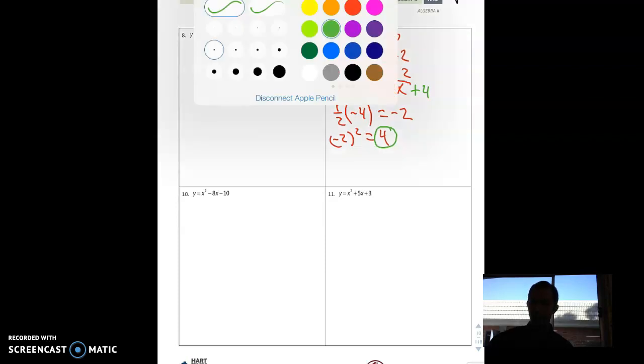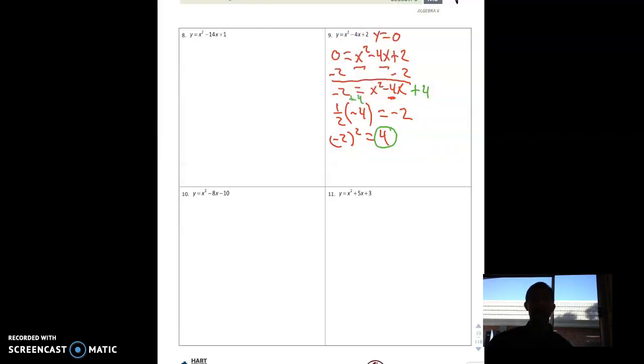Okay, so on my next line here now, I'm going to add negative 2 plus 4, here and here. Negative 2 plus 4, that's 2. And on the right side, the 4 just kind of hangs out. So I have x squared minus 4x plus 4. Now, after we add the magic number, we want to make it something squared.